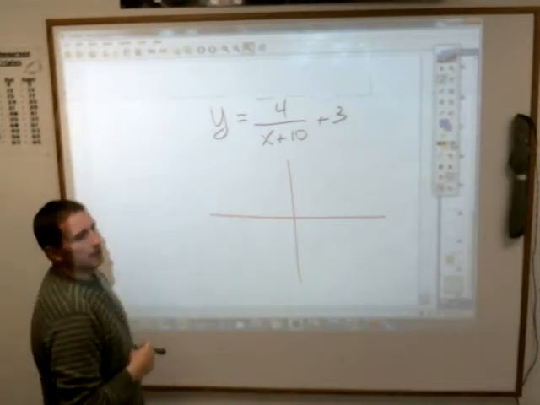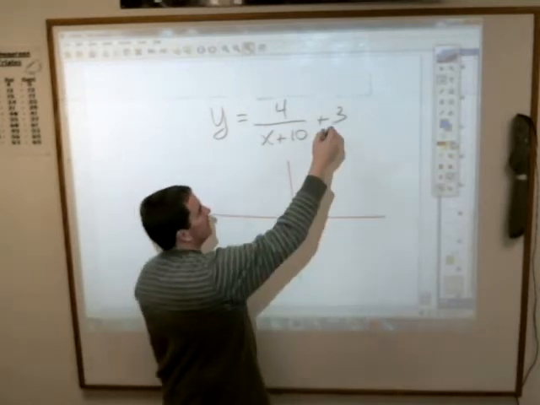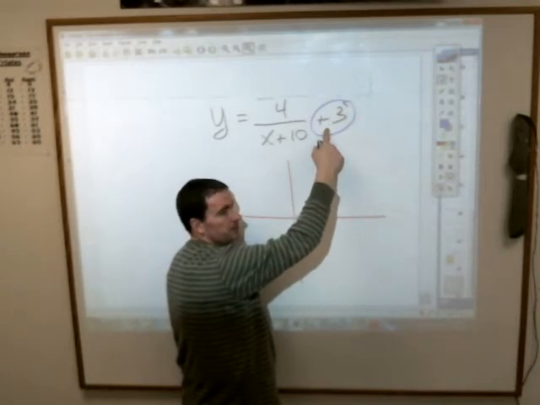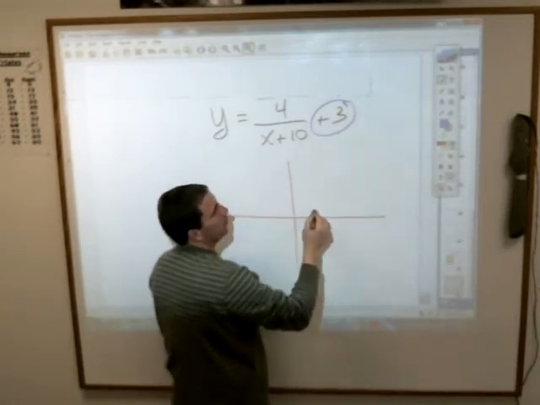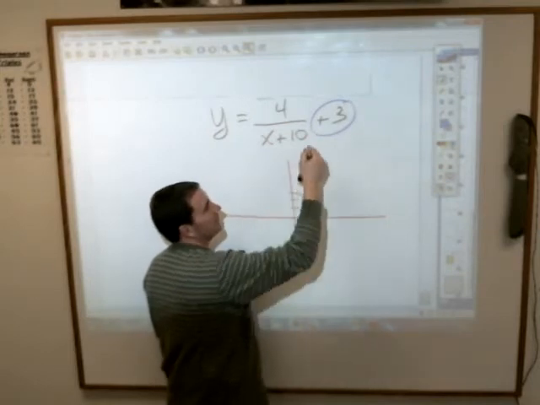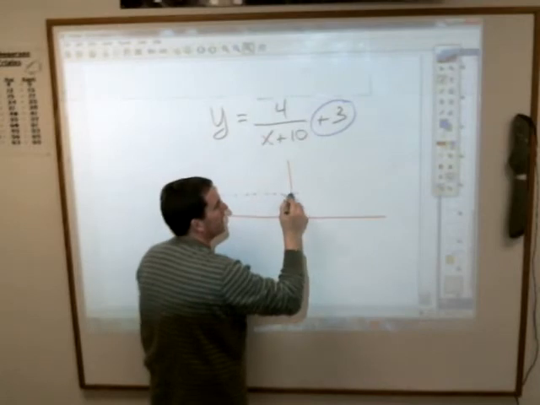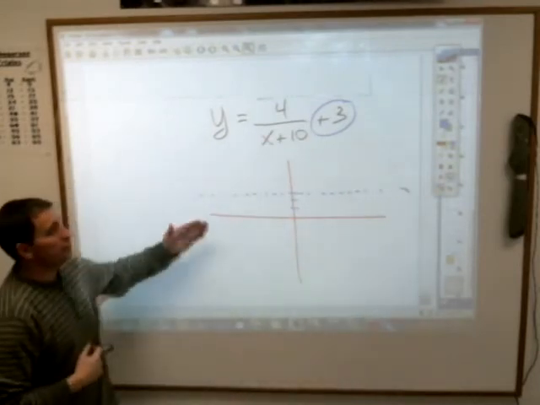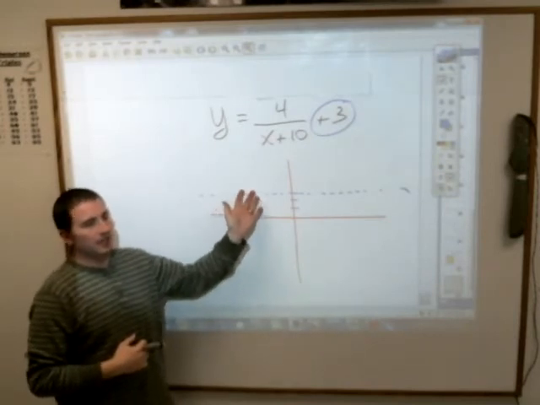Let's do the easiest one first. Where y equals 3, that's going to be your horizontal one. Whatever this number is at the end, you draw a dashed line through y at that point. Whatever that last number is, that's what y can never be. Y can never be 3.